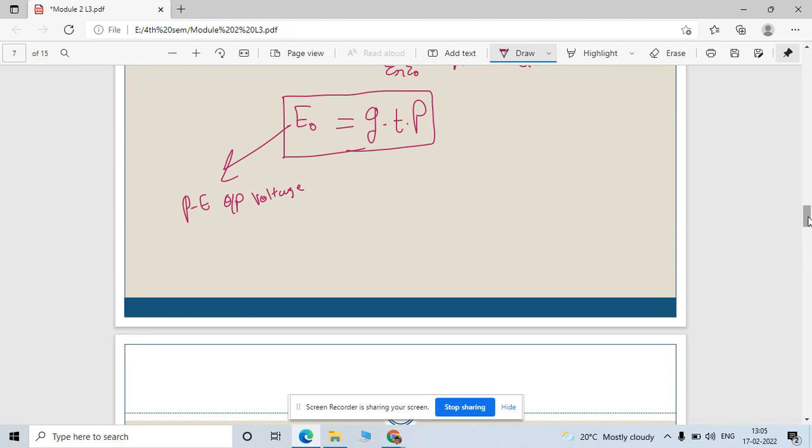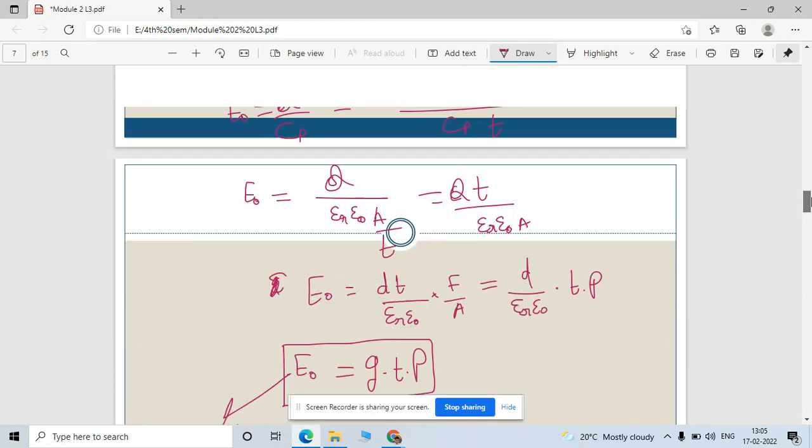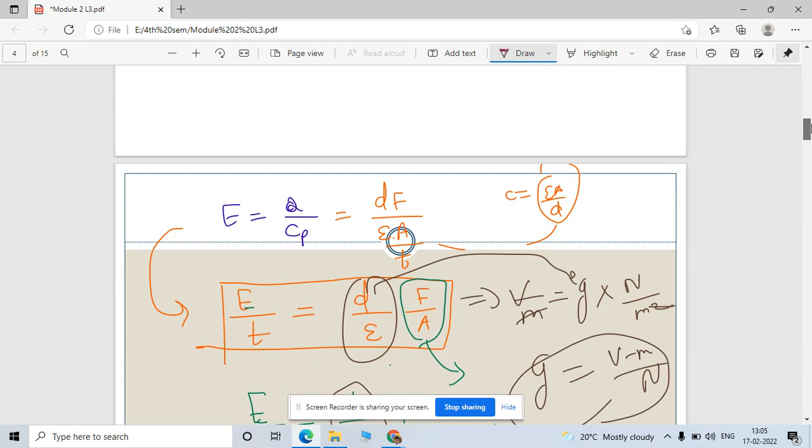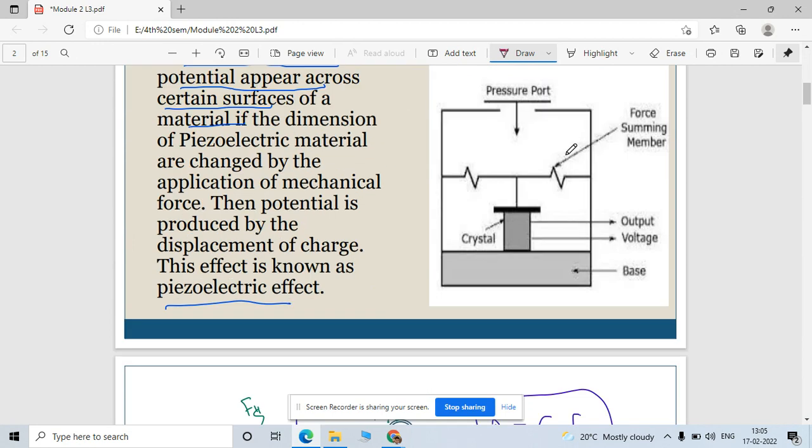Now the equivalent circuit for this in this book is given to you, which is, consider this crystal barium titanate, and this is Rochelle salt quartz. The same crystal is used in this book.